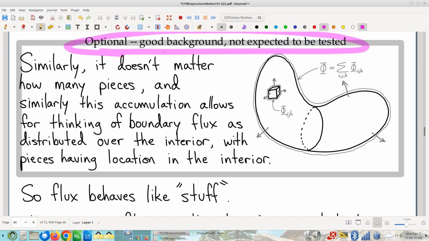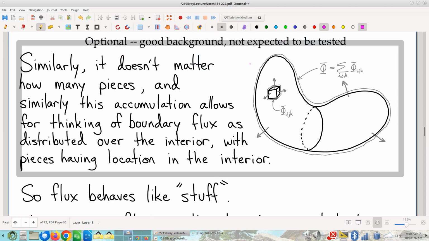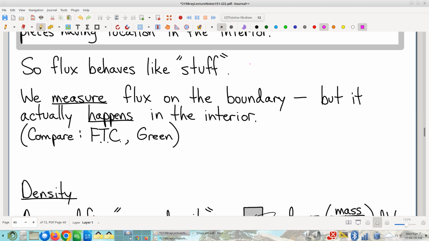You can talk about the associated density, and you can therefore write down an associated integral theorem. And again, same story. Boundary flux is an accumulating quantity, so it behaves like a stuff. And okay, sure, we measured on the boundary, but again, I claim it happens in the interior. And again, old news, right?